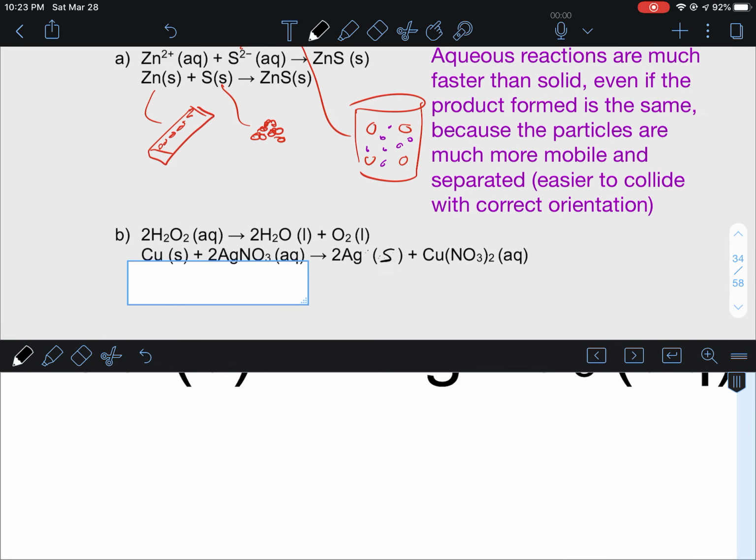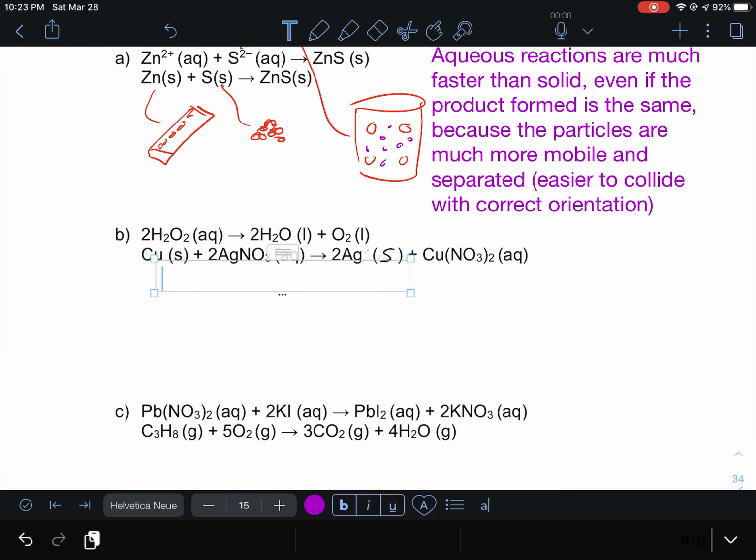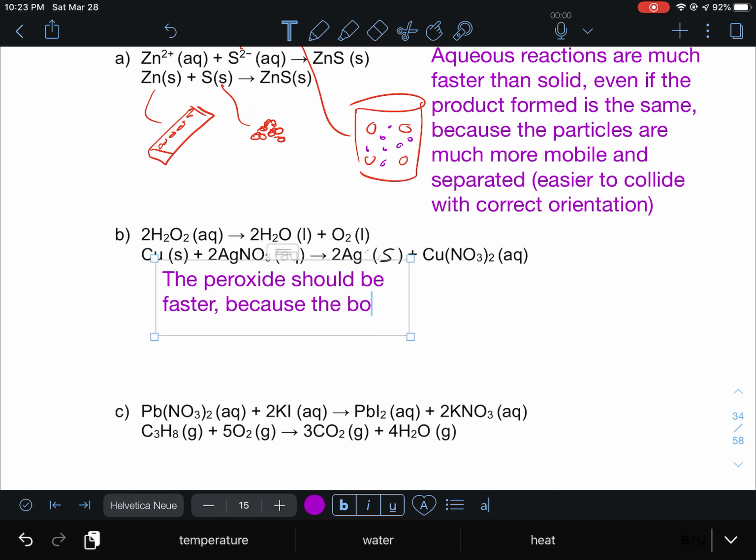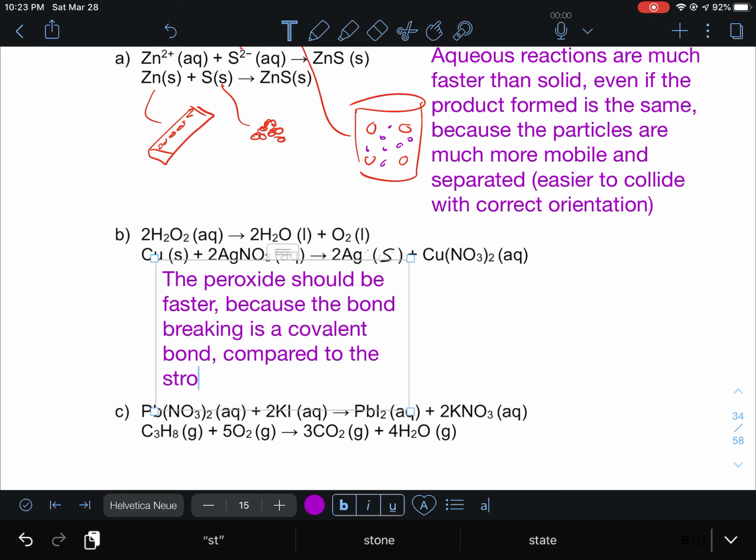Okay, so in this case I'm gonna type it. So the peroxide should be faster because the bond breaking is a covalent bond compared to the strong metallic bonds in copper.